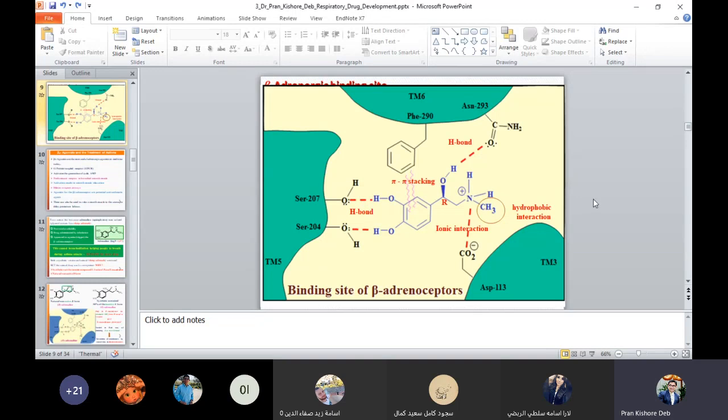What are the names of the 2 enzymes that are responsible for oral bioavailability and the short duration of action? Catechol-O-methyl transferase and sulfokinase in the gut wall. What are the structural changes you see? In catechol-O-methyl transferase, we transfer a methyl.